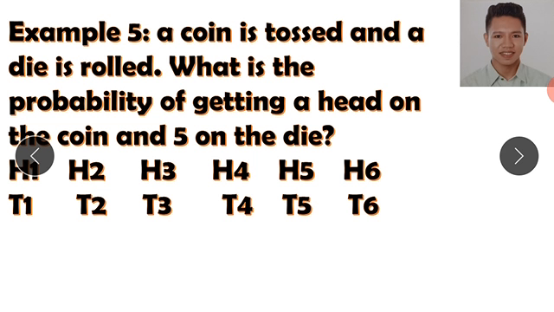We can write everything: head 1, head 2, head 3, head 4, head 5, head 6, or tail 1, tail 2, tail 3, tail 4, tail 5, tail 6. The number is the outcome of the die, and head or tail is the outcome of the coin.